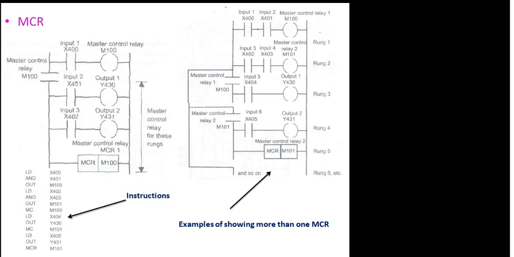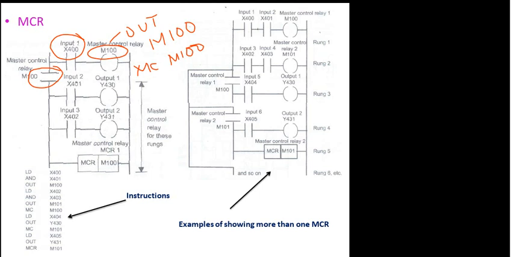X400, out M100. Then MC M100 comes here, and again you have X400, out Y430, X402, Y431, all these things come here, and finally you have MCR M100.